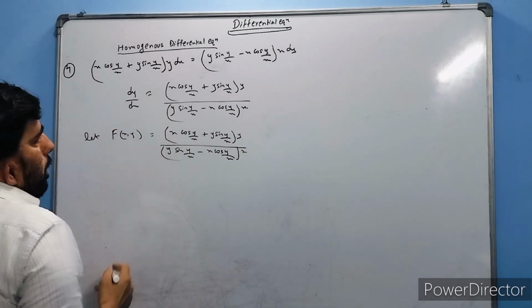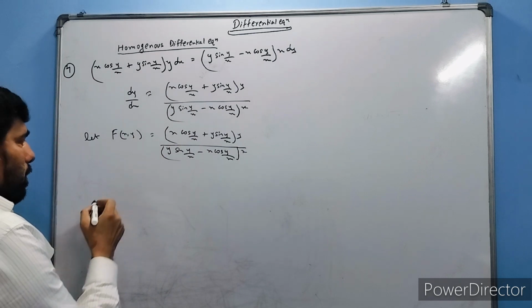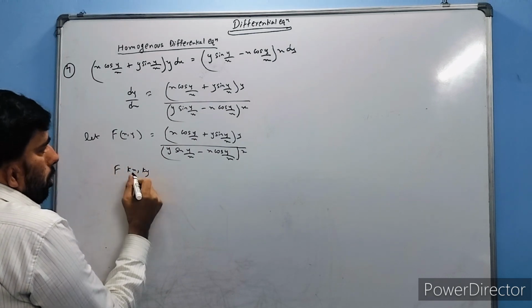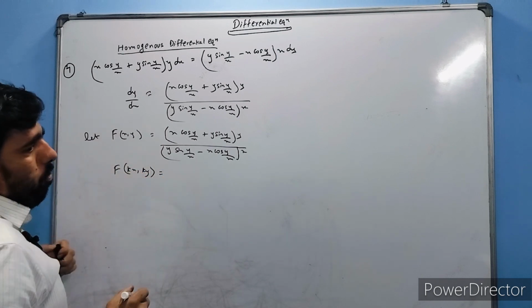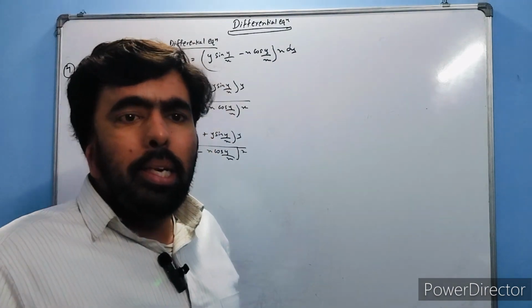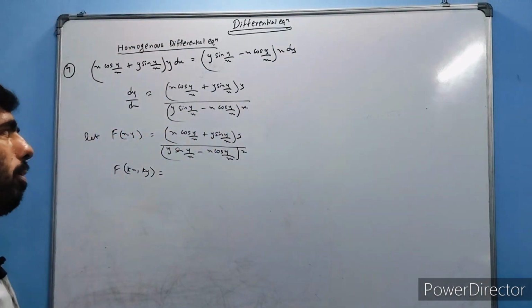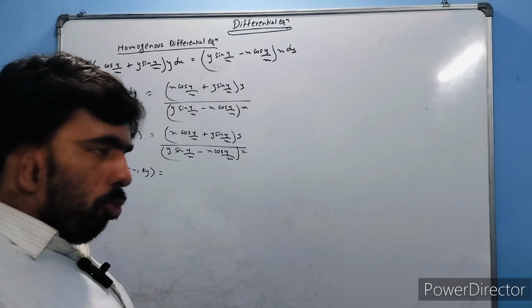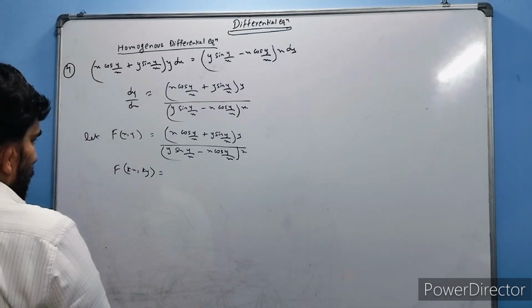Now replace x and y by kx and ky. In all these questions, first we need to find whether the given differential equation is homogeneous or not. Then we'll proceed further to find its general solution. Okay, so now let us try.